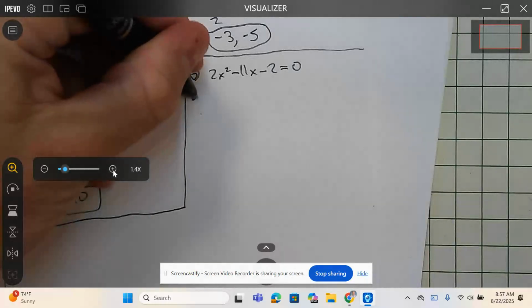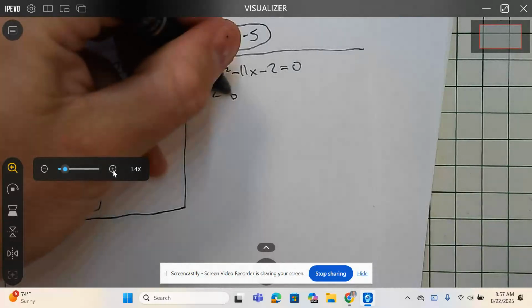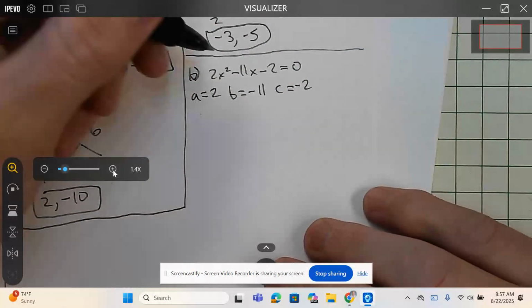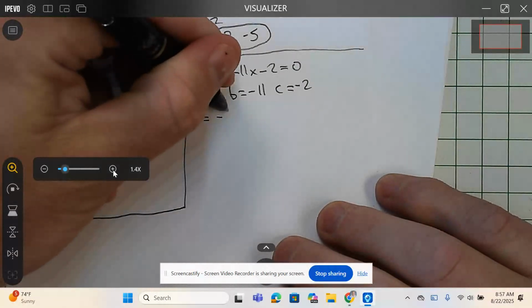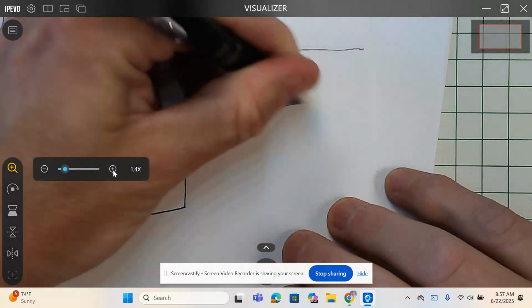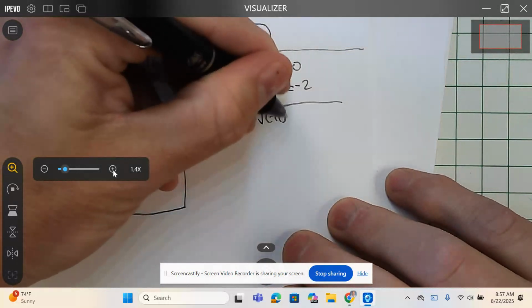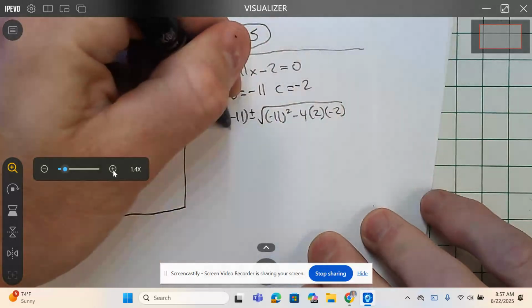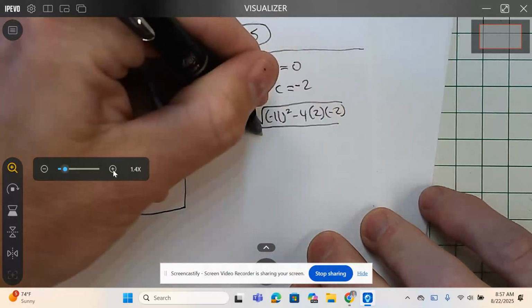Then a is the number in front of x squared. B is the number in front of x. C is the constant. So x equals negative b plus or minus the square root of b squared minus 4ac all over 2a.